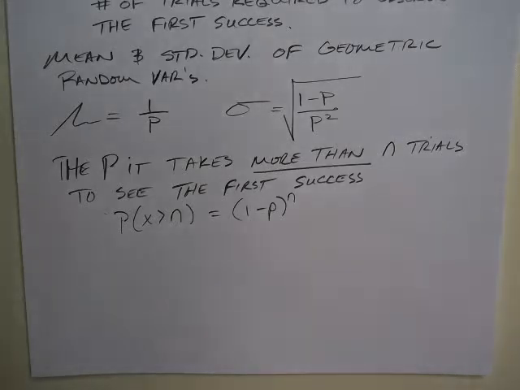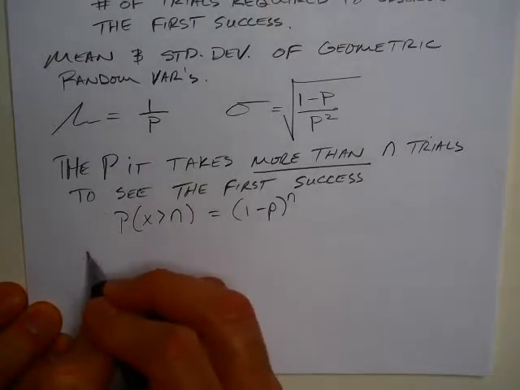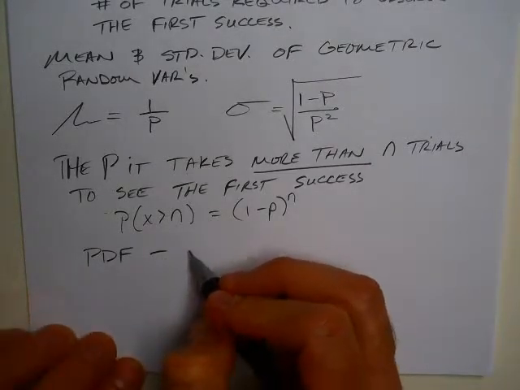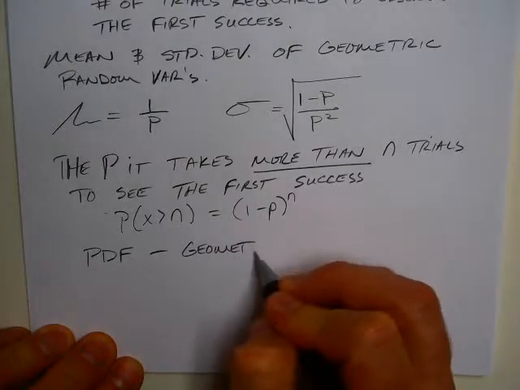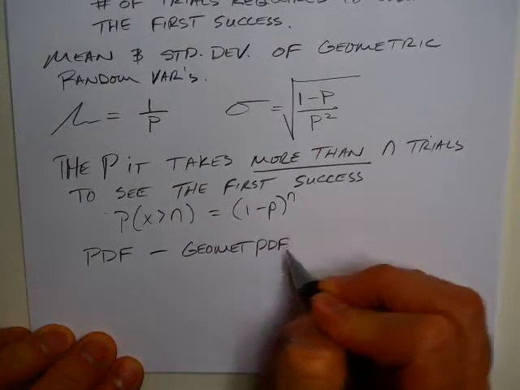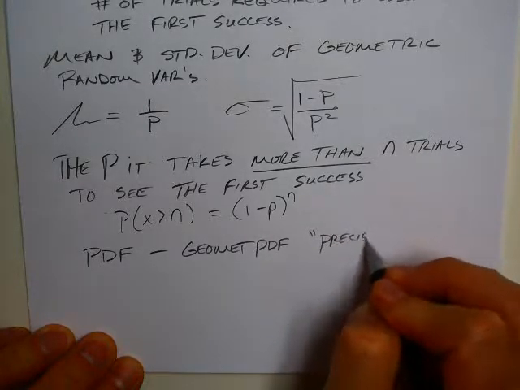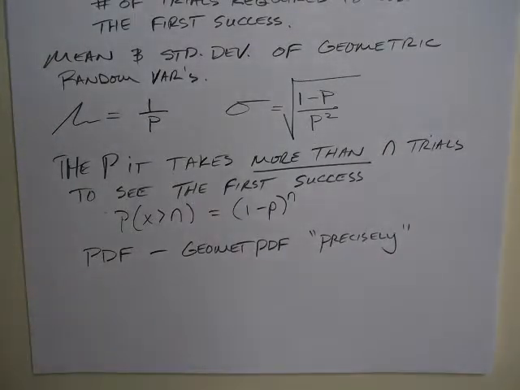So in the calculator, we do have the geometric calculations for PDF, which is going to be geometpdf, which is, remember, our precisely, on precisely this roll or whatever it is that we're doing.